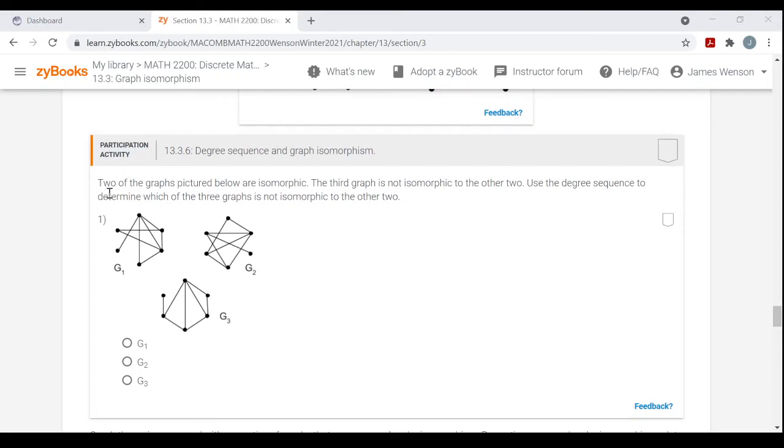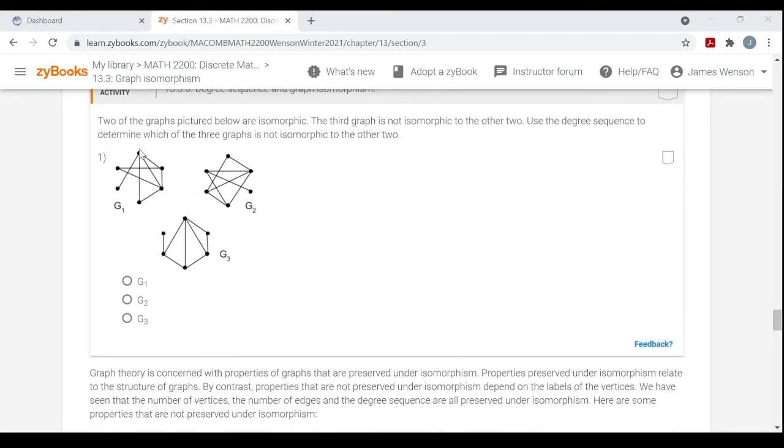All right, so down here it mentions that 2 of the graphs pictured below are isomorphic. The 3rd graph is not isomorphic to the other 2. Use the degree sequence to determine which of the 3 graphs is not isomorphic to the other 2. All right, so they're telling me that 2 of these are isomorphic. So I'll leave this one to you.